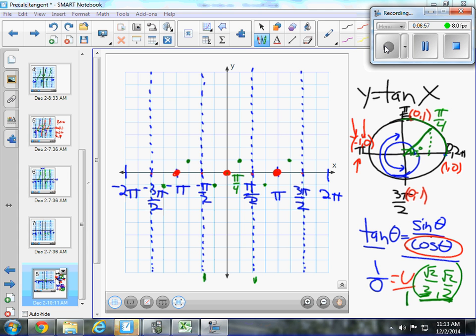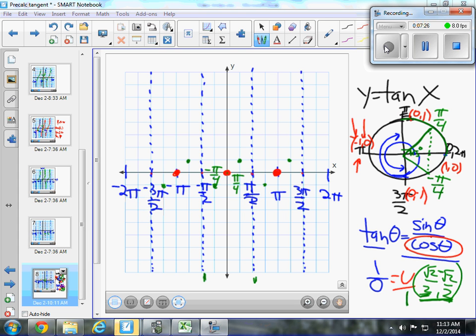But if I go over here to the angle negative pi over 4, I have the same distances of radical 2 over 2, but in this case my sine, my y value, is negative. So when I divide them, it's going to be negative 1. And sure enough, at negative pi over 4, my point is at negative 1.